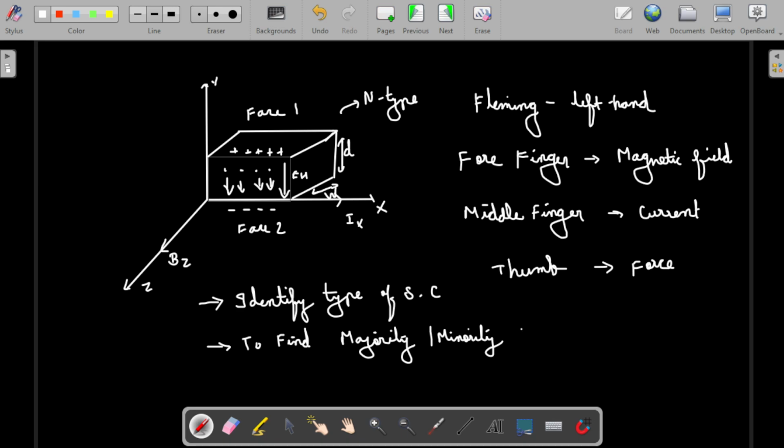Based upon the potential that will be built, right? So majority, not minority, we can calculate only majority, because minority will not be taken into consideration as it behaves with the majority charge carrier concentration. So majority carrier concentration as well as mobility, based upon the movement of charge carriers.